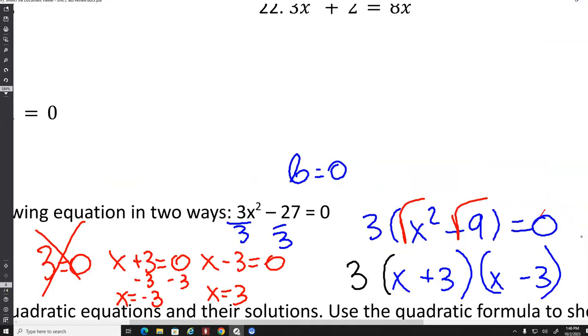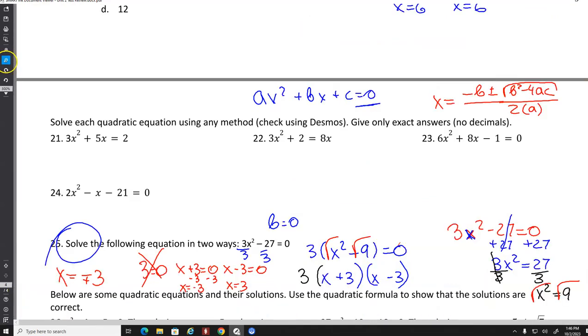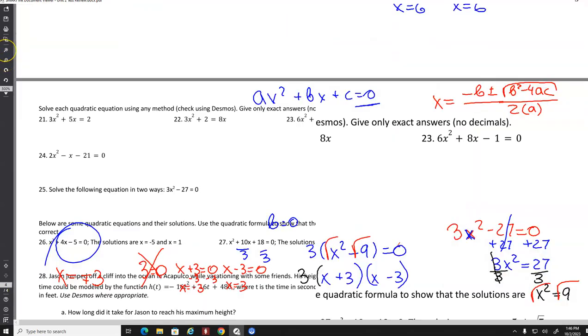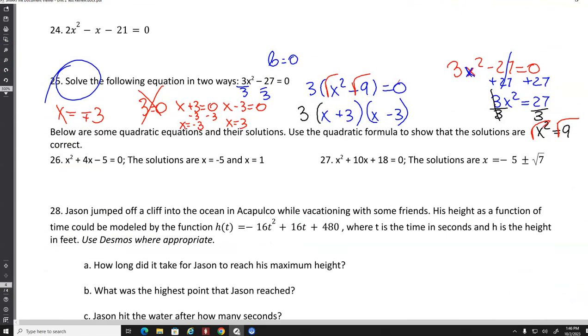So this is going to cancel out. Sorry about that. All right, so this is going to cancel out the x squared. So you get x equals plus or minus, and square root of 9 is 3. So there's another way to do it when you're just simply solving for x, okay? Means you're moving everything away from that x to have a final answer, okay?